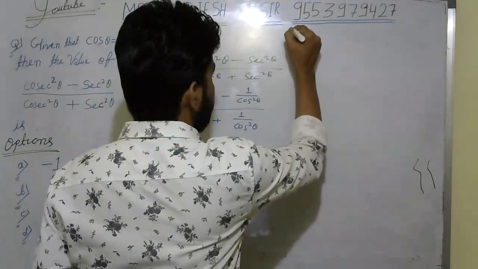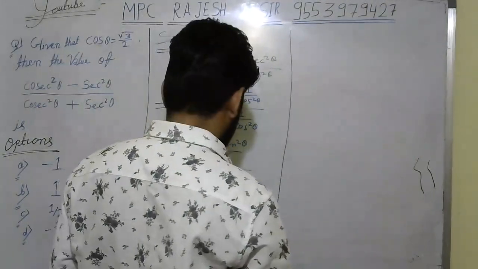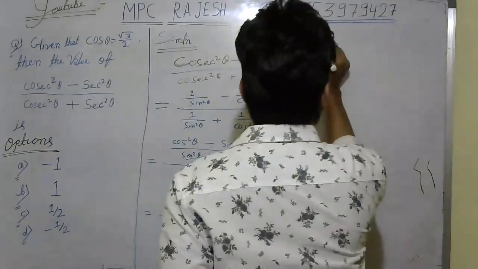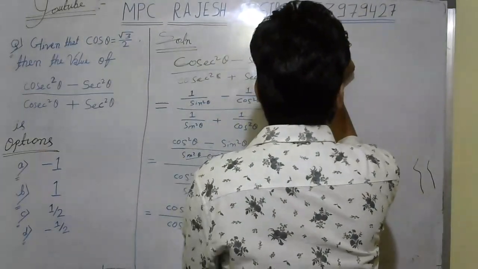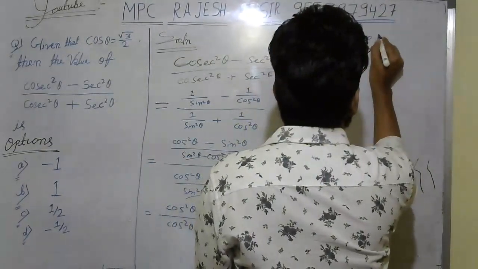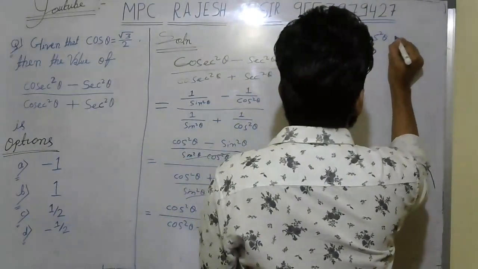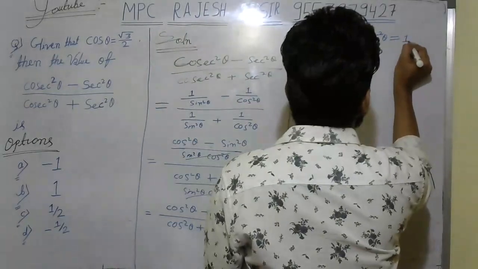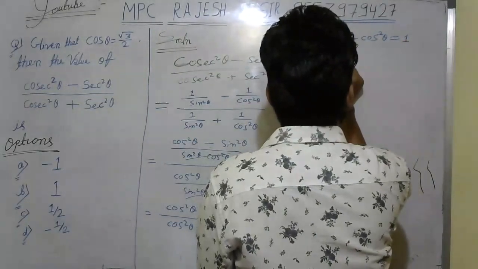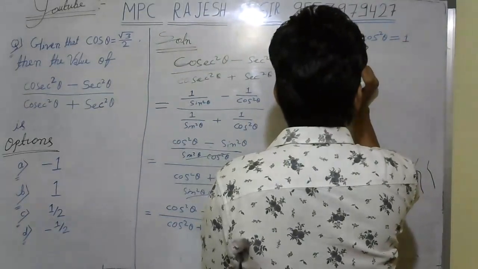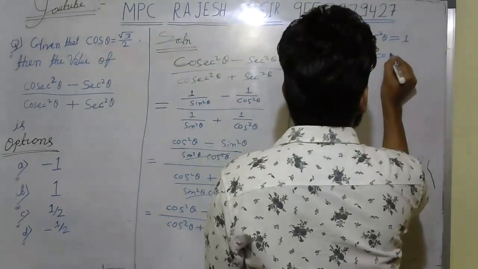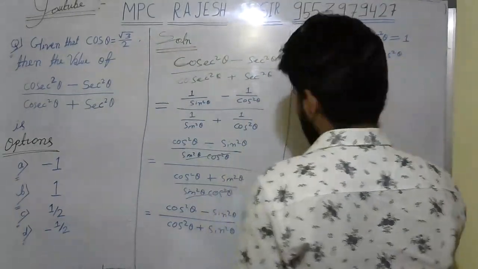Okay, and you know very well one rule. We know very well sin square theta plus cos square theta is equal to 1. We can write from here also sin square theta is equal to 1 minus cos square theta.